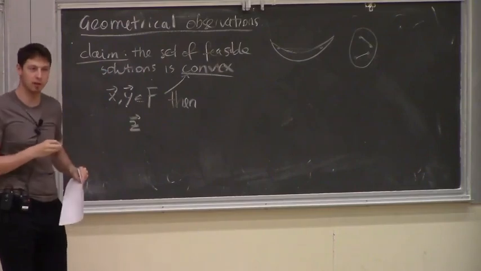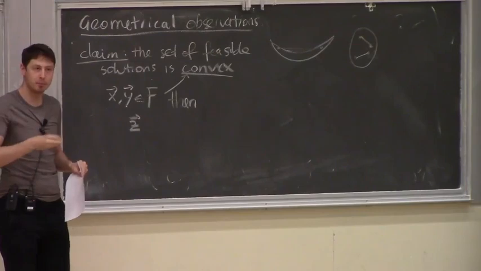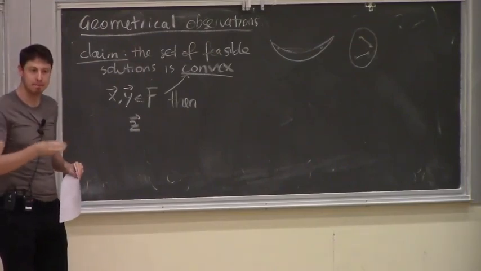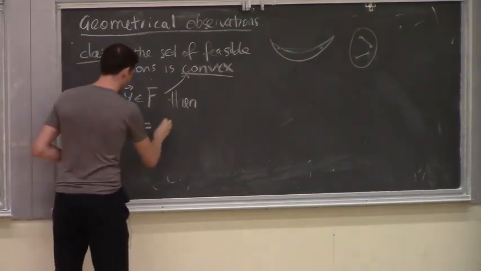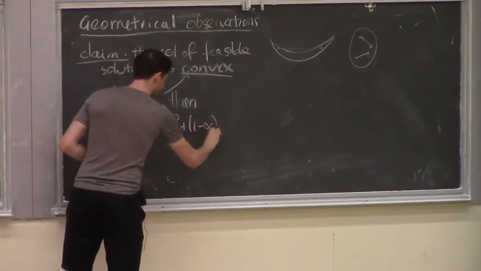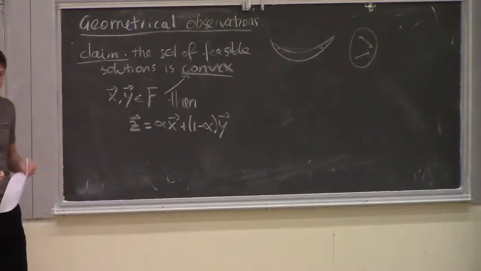What's one good way to write a point z between x and y? I want some parameterized way to write z. Yeah? Alpha x plus 1 minus alpha y. Excellent. So this is a general point on the segment between x and y.